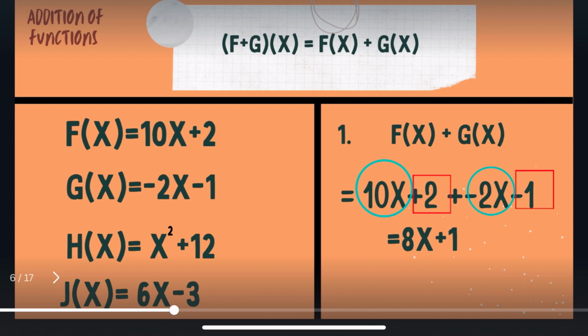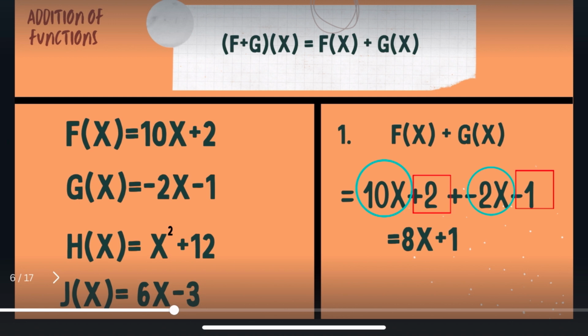In the first number, the given problem is f of x plus g of x. So all we have to do is put down all of the given expressions from the first column. So f of x is equal to 10x plus 2, and then add g of x, which is negative 2x minus 1.